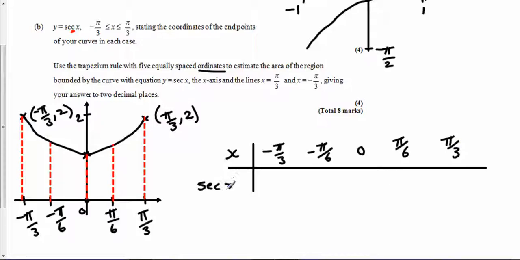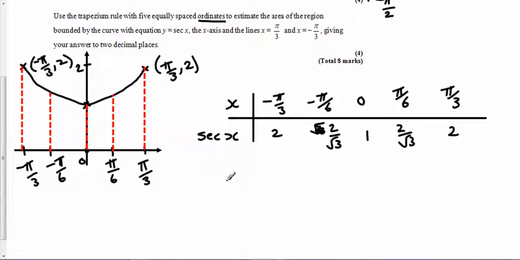And if you put those values into sec x, you get obviously 2 at this end, 2 over root 3, that's 1, that's 2 over root 3, and that's 2.